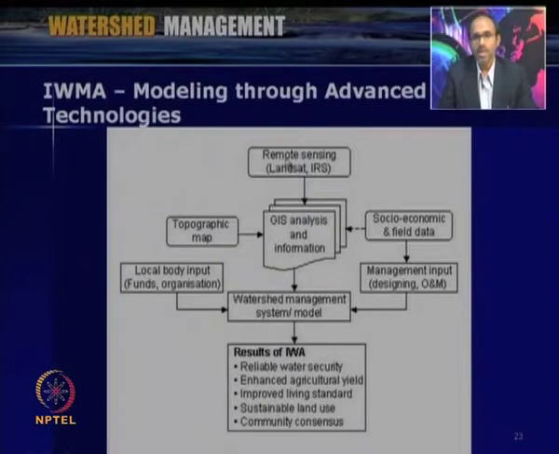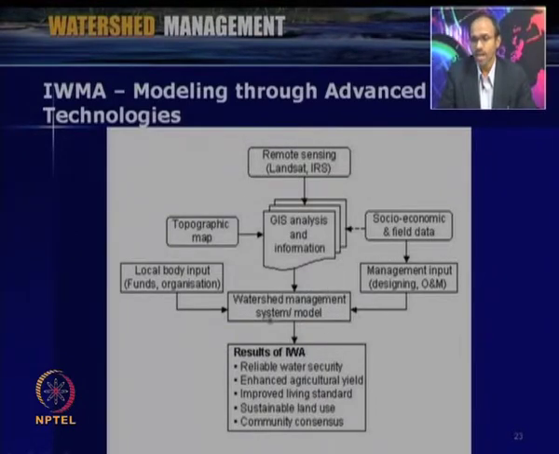For example, remote sensing can be used to get a holistic picture of what is going on within a watershed, such as land use, land cover, crop management issues, availability of surface water, etc. Then we can use the topographic map within a geographic information system, so that we can develop better maps and integrate the socio-economic aspects of the watershed.